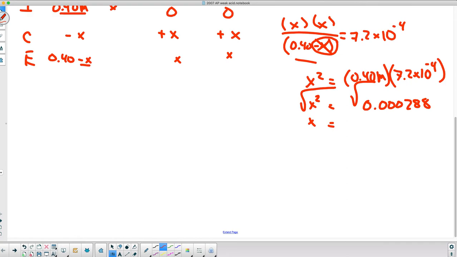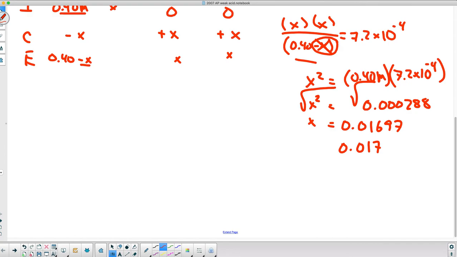And then I take the square root of that, and x equals 0.01697. And then there's like a 0 after that, so I'll just stop there. That makes it easy. Okay, so if I round this off, I get that. Look how easy this math was compared to doing the quadratic formula.